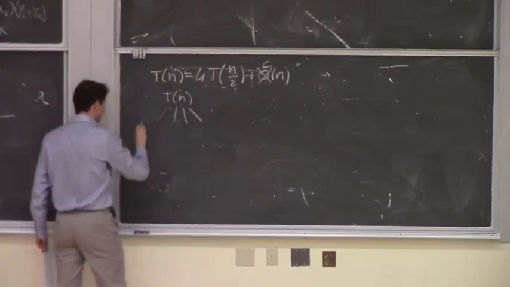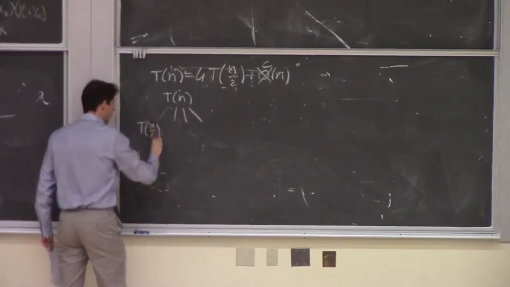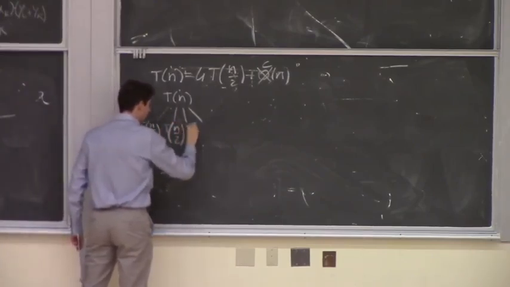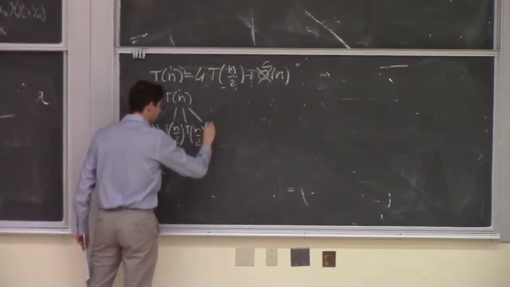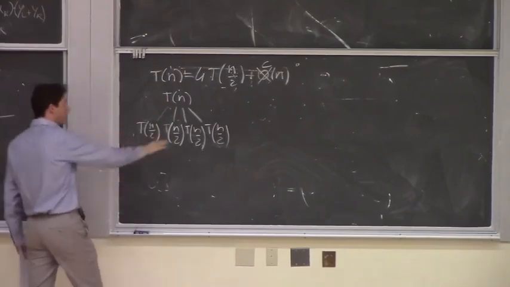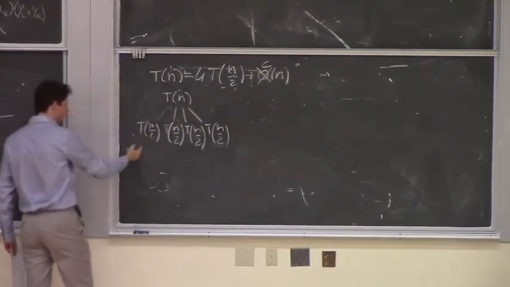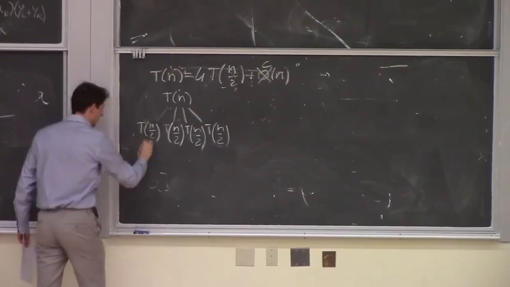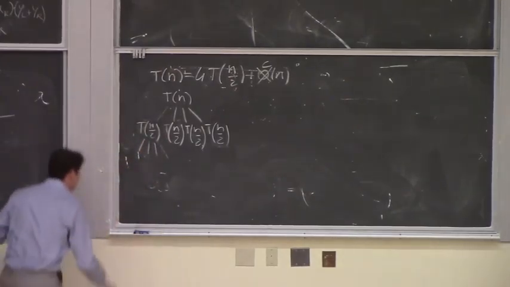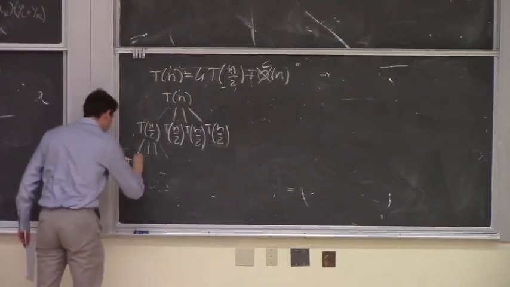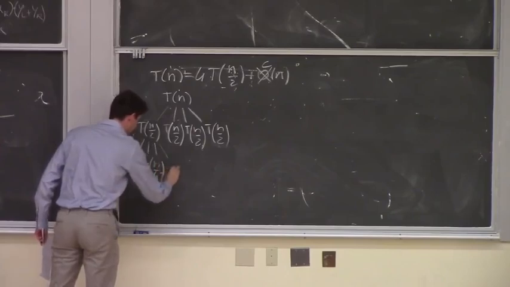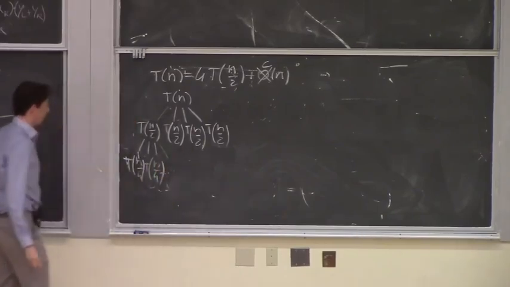Because I worked T of n over 2 four times in subproblems, and in combining, I paid c times n. In turn, these give rise to 4 subproblems of size n over 4. And everything is trivial. Yeah, I agree, it's not very difficult. That's why it's an undergraduate course.